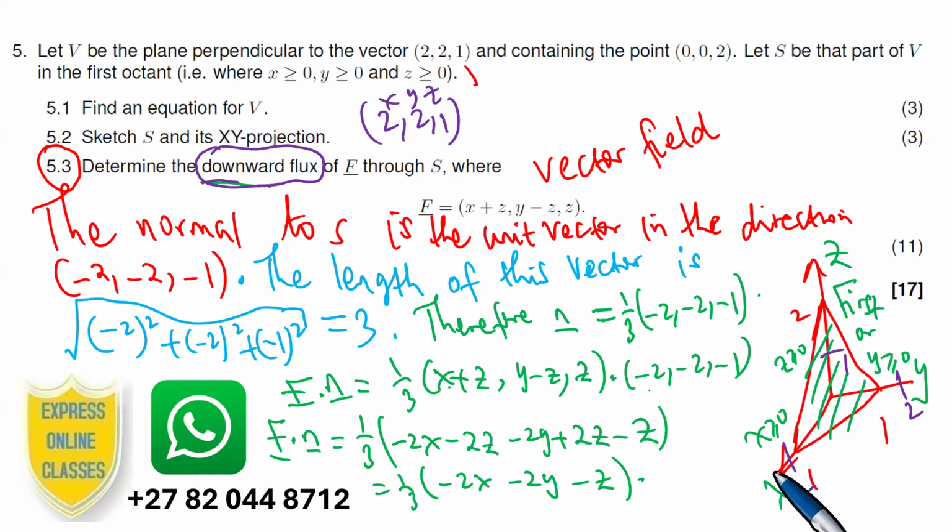And therefore, you would do this. X is 2, you do this. Y is 2, you do this. So this point in the xy plane, it's going to become what? Right.